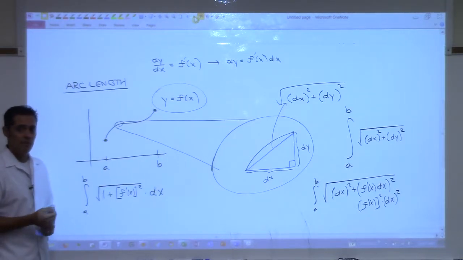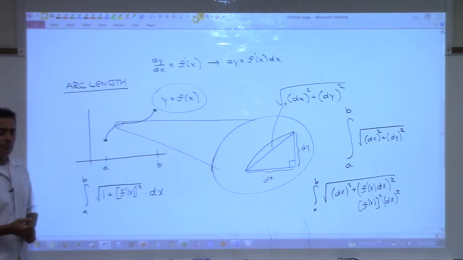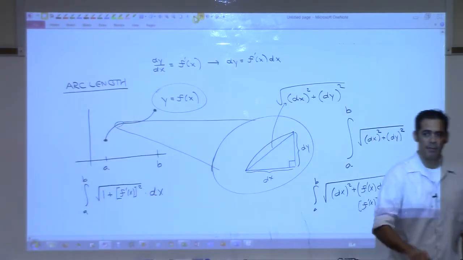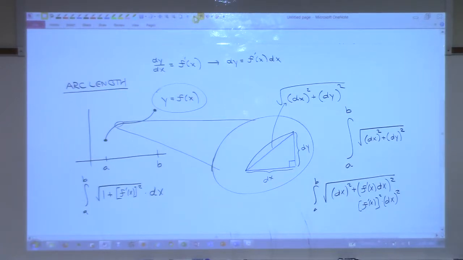Questions? Is that the formula that we're going to be using next time? Or is there any reason that we're going to be swapping it, like doing dx over dy? Let's do one application of this, and then we'll look at what you're bringing up.